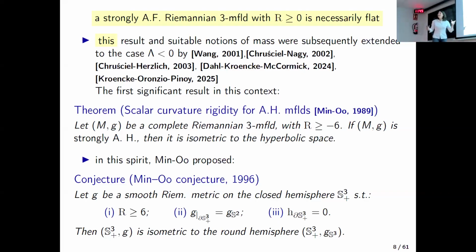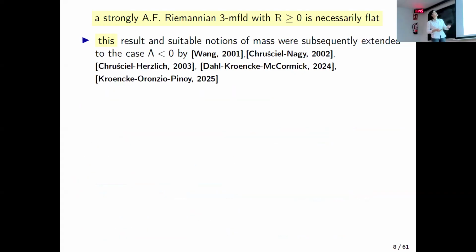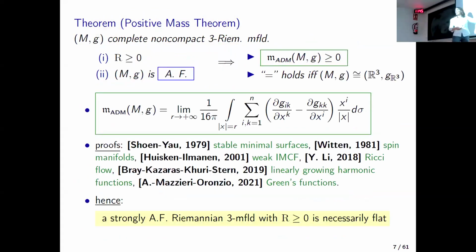Now look that this boundary is a sort of asymptotically flat boundary at infinity, meaning that these two conditions translate the fact of being strongly asymptotically flat. Because for example, in terms of normal coordinates, you remember that the second fundamental form is one half the derivative of g_ij. And so this is the connection also with this.